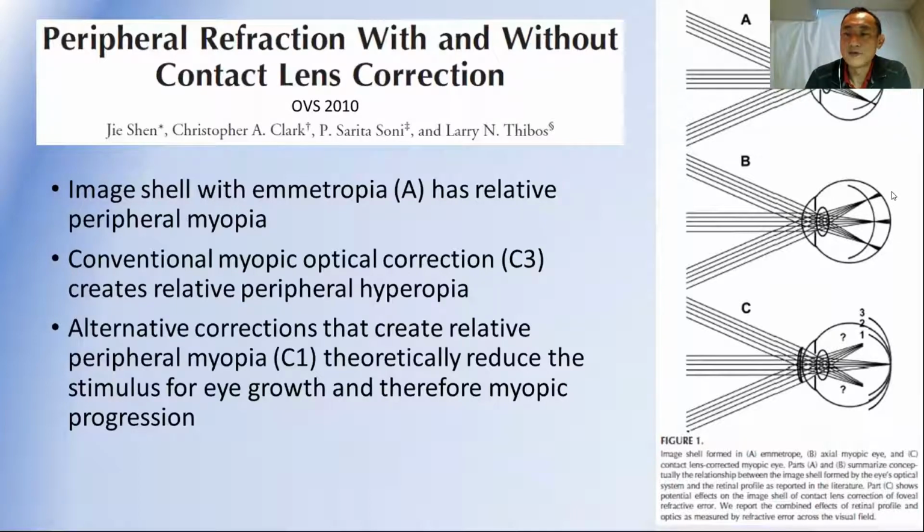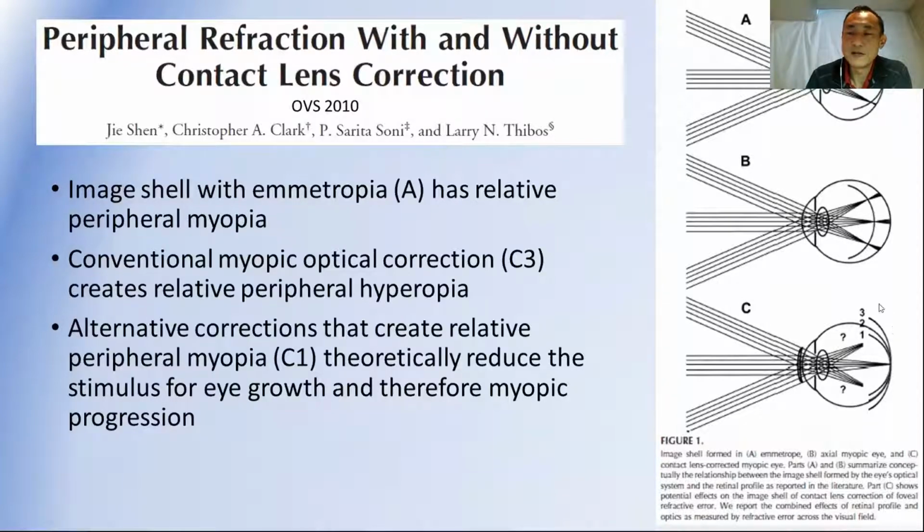For myopes, the image shell is in front of the retina across the entire retina, including the fovea. And when we try to correct those patients with traditional corrections such as glasses or contact lenses, in some patients, those corrections will create an image shell such that the fovea might be in focus on the retina, but the peripheral image is actually focused behind the retina.